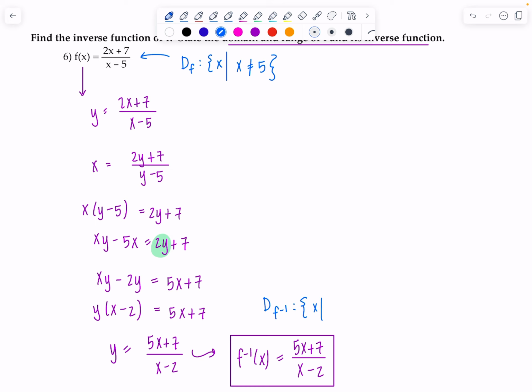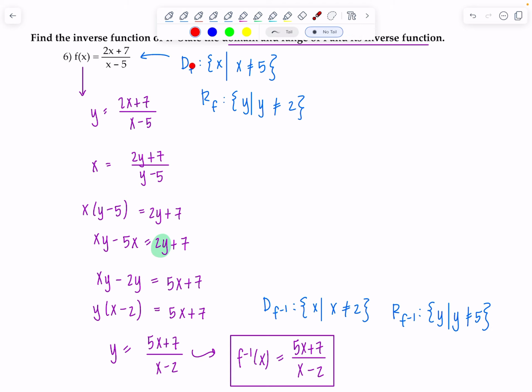Good, all x's such that x can't equal 2. Now, how do you find the range? By looking at the inverse function. So the range of f is all y's such that y can't equal 2. Where did I get 2? Because it's the domain of the inverse. And then the range of f inverse is going to be all y's such that y can't equal 5.